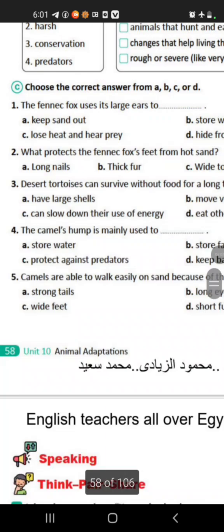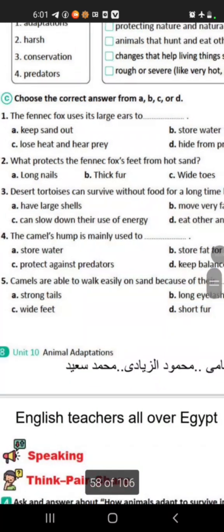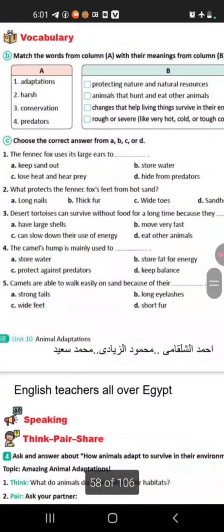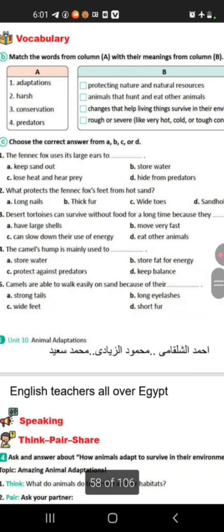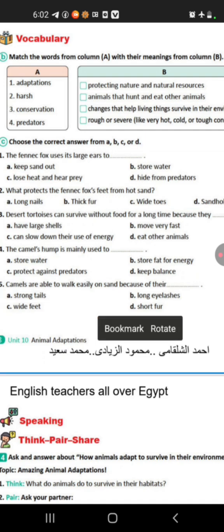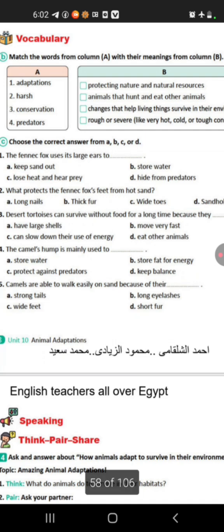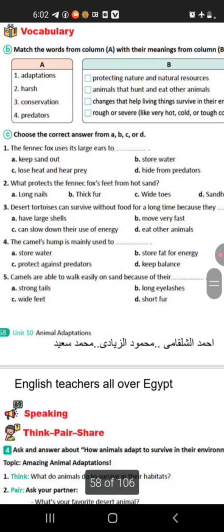Number one, the fennec fox uses its large ears to what? To keep sand out, store water, lose heat and hear prey, or hide from predators. Two, yes, lose heat and hear prey. What protects the fennec fox's feet from hot sand? Large nails, thick fur, wide toes, or sand holes? Yeah, thick fur.